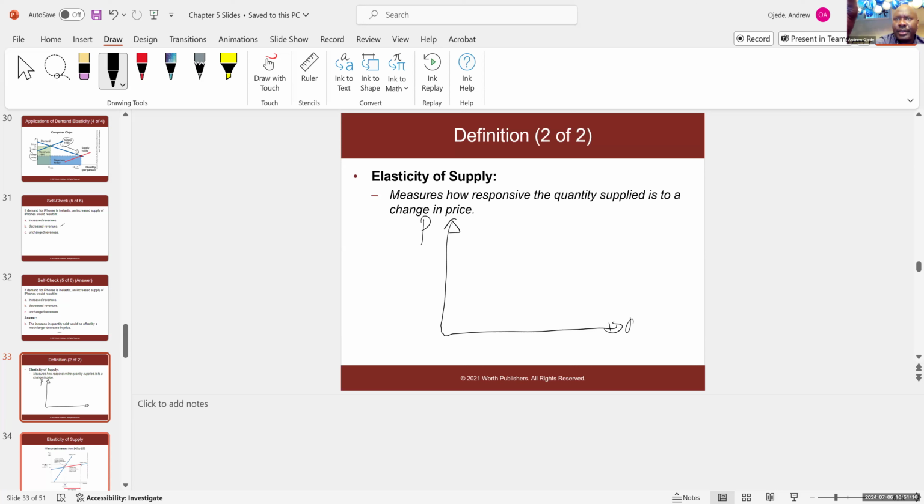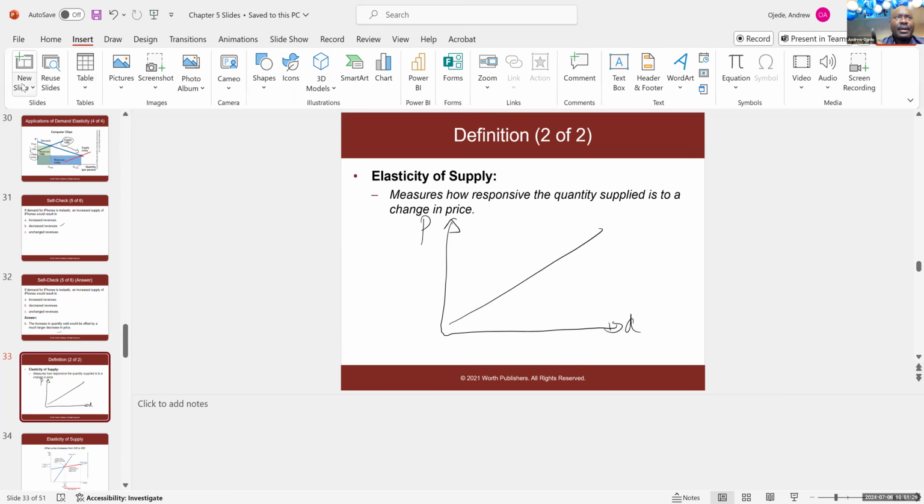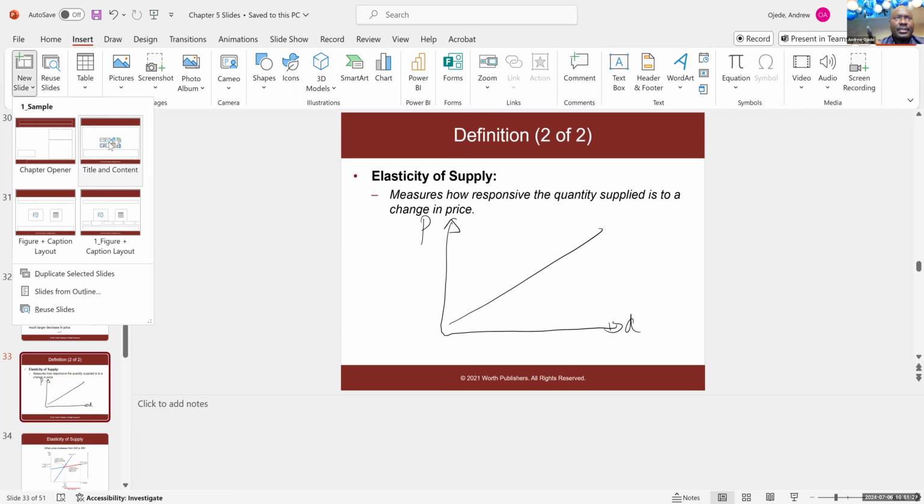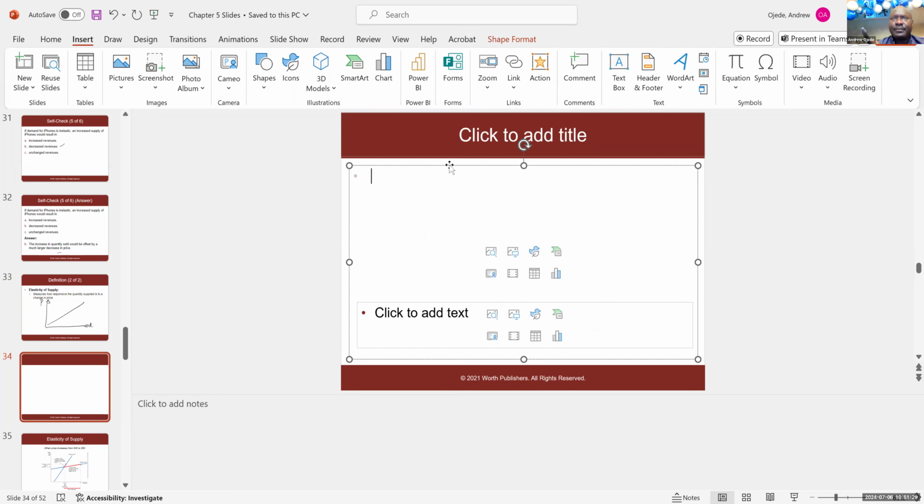That's the reason why the supply curve has a positive slope. On the P, Q axes, it slopes upwards. Calculating elasticity of supply is not difficult. I'm going to show you both the general formula and the midpoint formula, just like we did for demand.